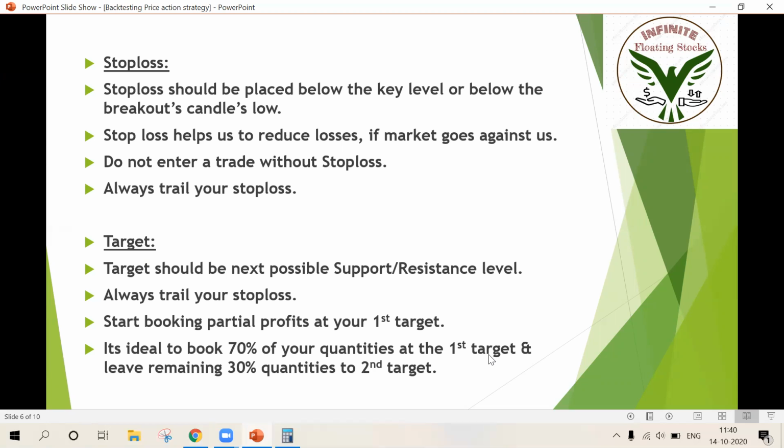For example, if you are entering with 1000 quantities, you need to book 700 quantities at the first target, and you need to book the remaining 300 quantities at the second target. That's the ideology. Book 70% of your quantities at the first target and leave the remaining 30% for the second target.